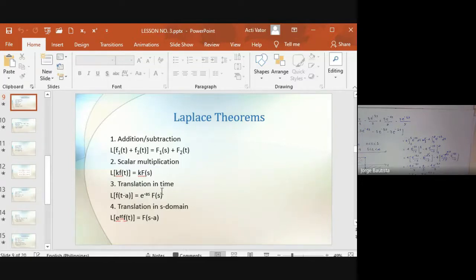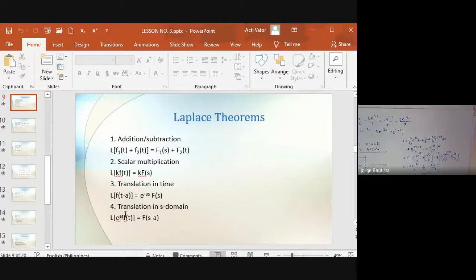Kunin mo muna yung Laplace, and then you try to affix yung e raised to negative as. Take note that kung negative a yan, ang ilalagay mo sa Laplace mo ay e raised to negative as. If this one is positive, so positive as. That is translation in time.